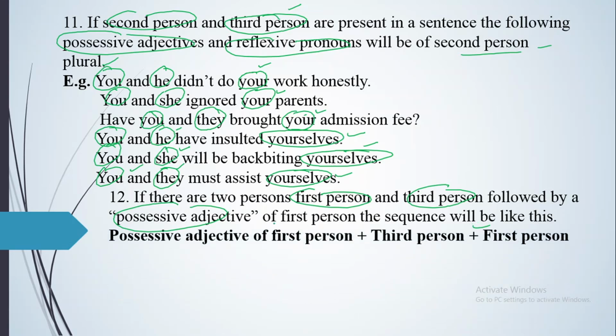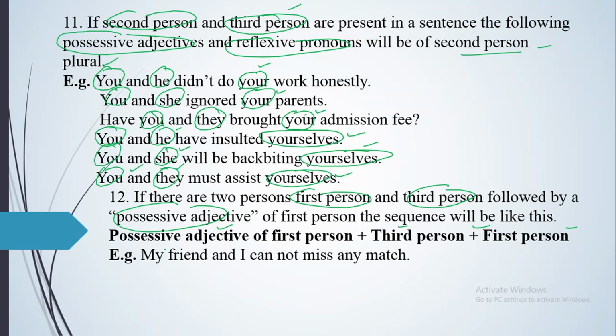First you will bring the possessive adjective of first person, like my. Then third person, like any name, Ahmad, Bilal. Then first person. Example, my friend and I cannot miss any match.